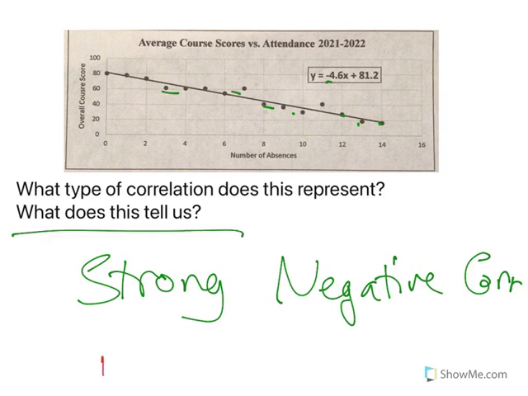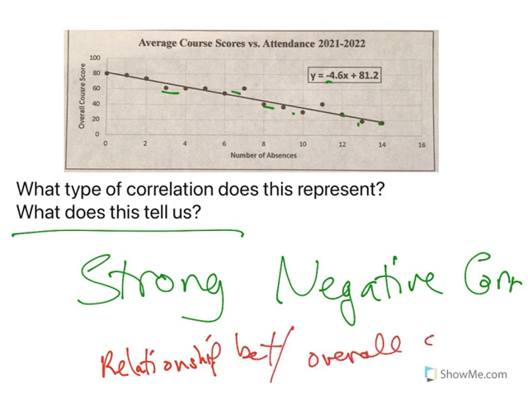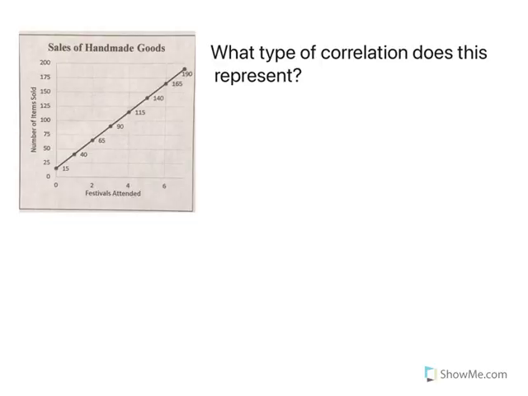It tells us that there is a relationship between the overall course grade or course score and the number of absences. That's all it tells us. A strong correlation says, okay, there is a relationship. That's all we know.